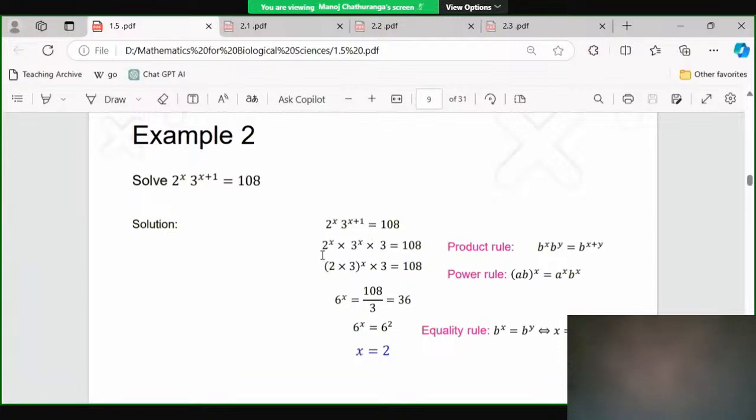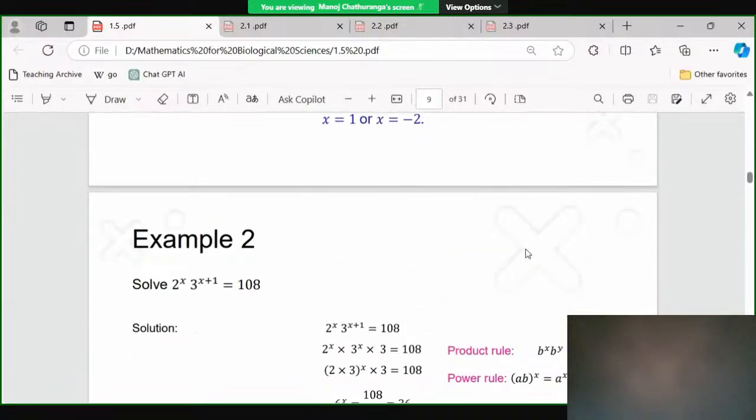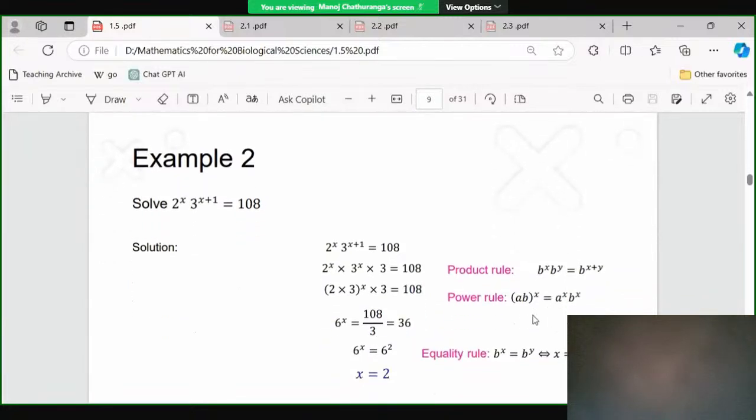Now you can combine 2 to the power x and 3 to the power x using the product rule. When you have something like a to the power x times b to the power x, it is ab to the power x.